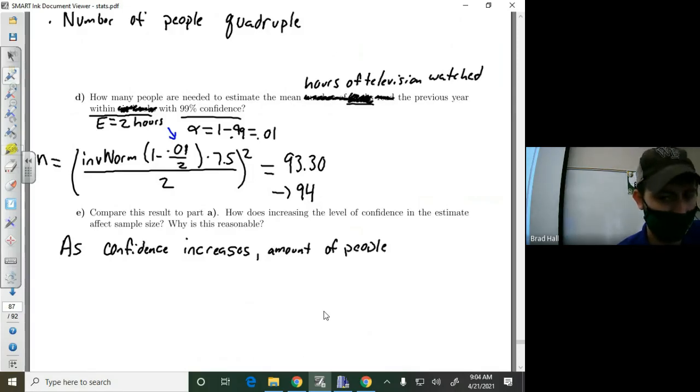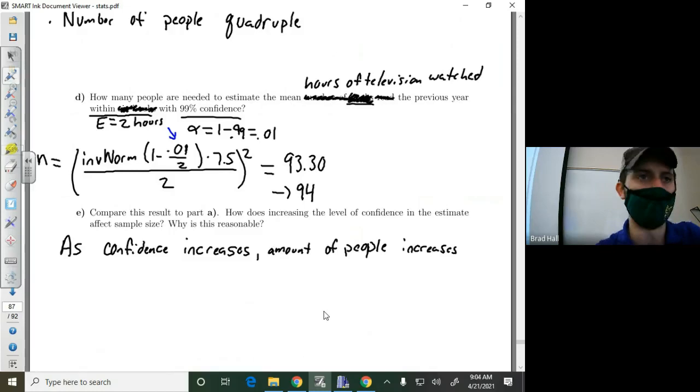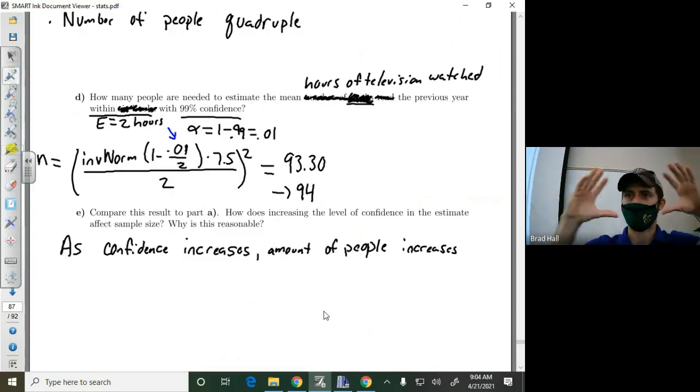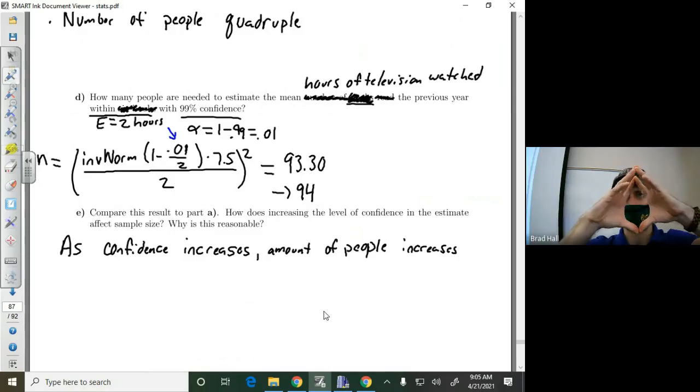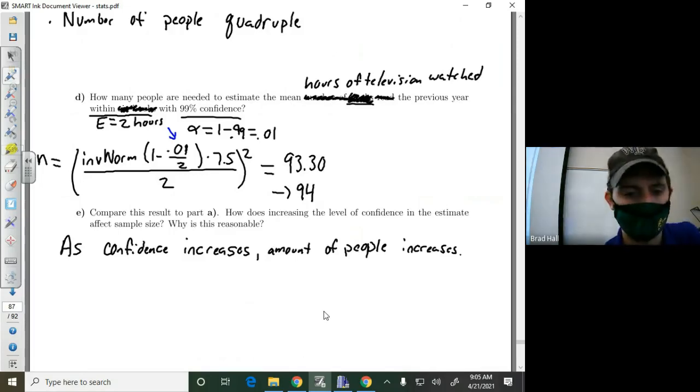Yeah, we wouldn't have seen that point from the 6 hours that I had before. Because to be more confident, you need a wider interval. You're less confident about a more compact interval. You're going to be more confident about a wider interval. So that's the point I wanted to make.